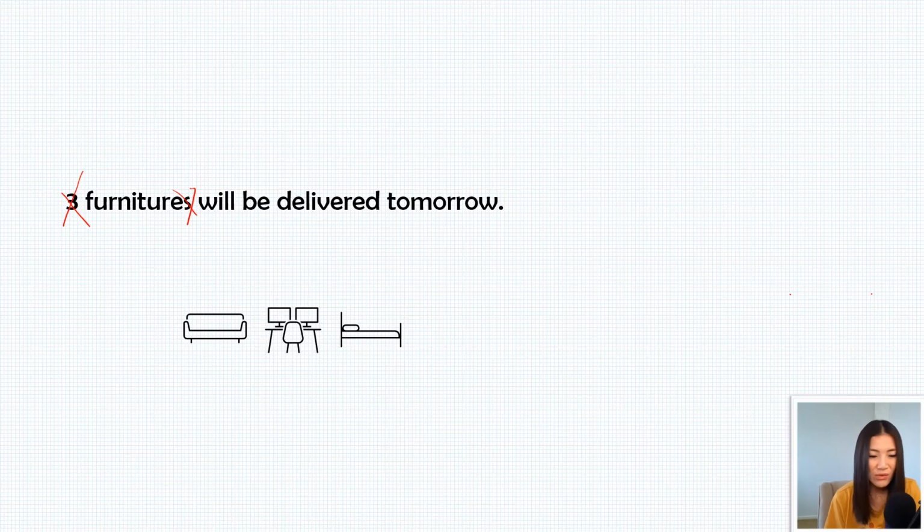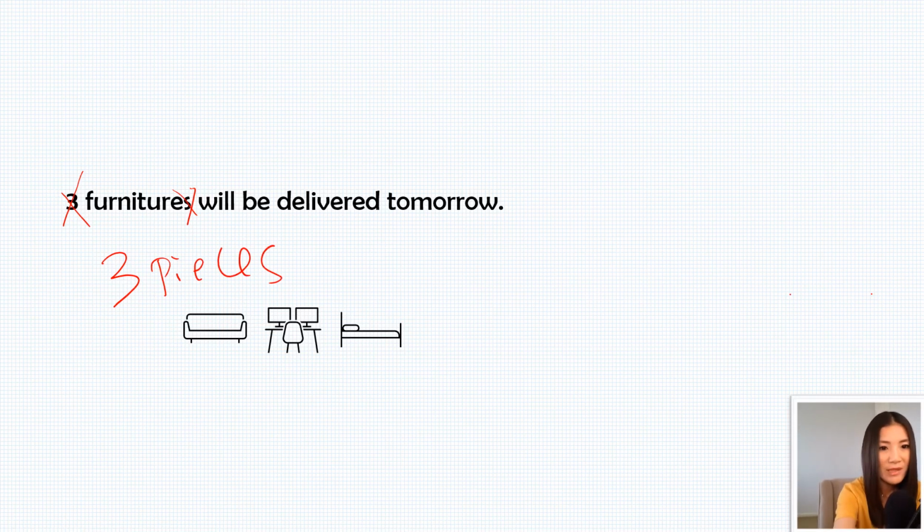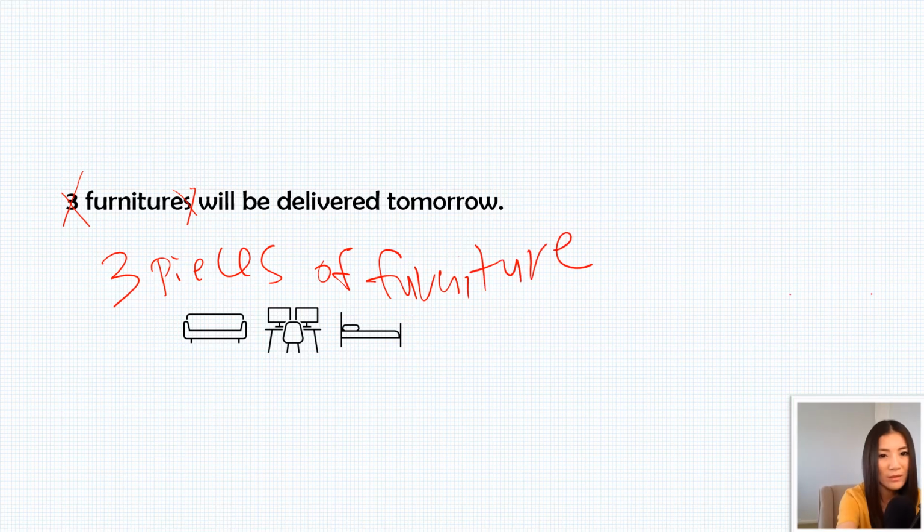So how I can do this correctly is you will find words that are count nouns that quantify the non-count noun. For example, I can say 3 pieces of furniture. Sorry about my writing.